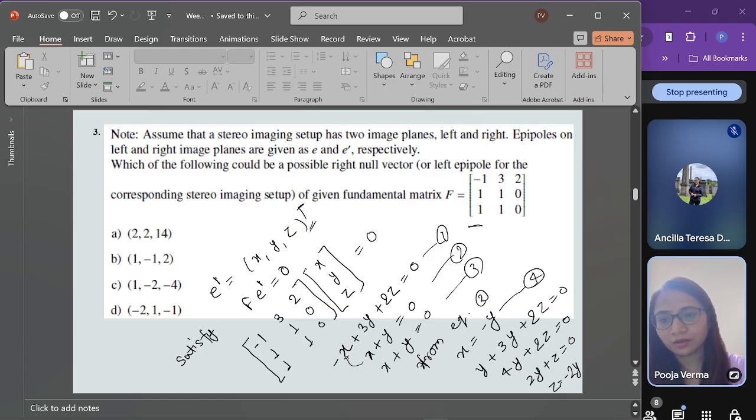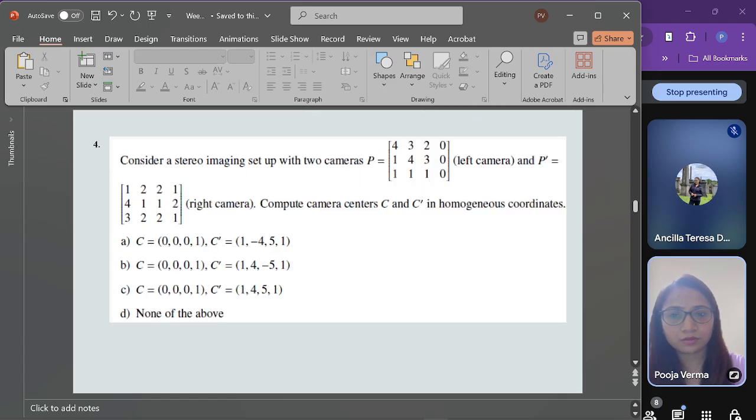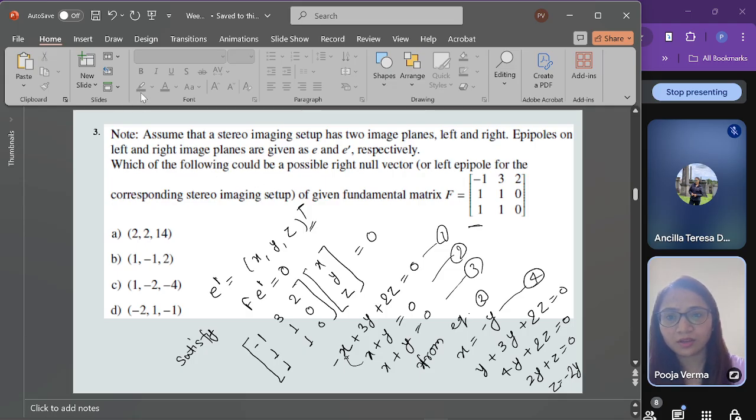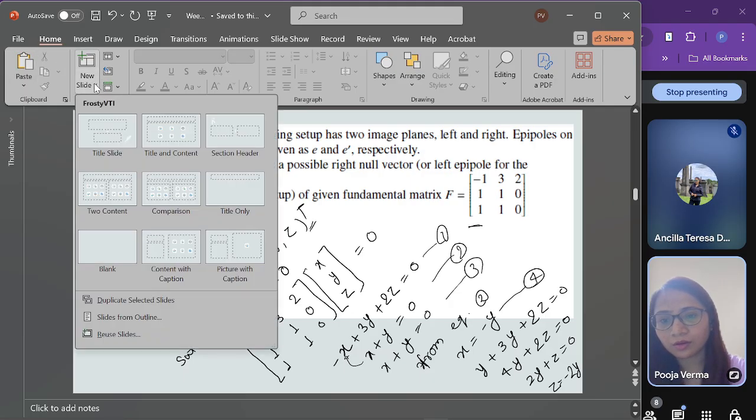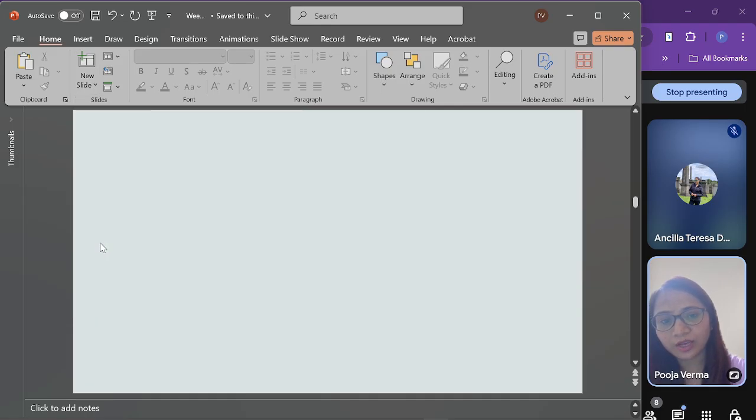So what we have solved: x is equal to minus y and z is equal to minus 2y.